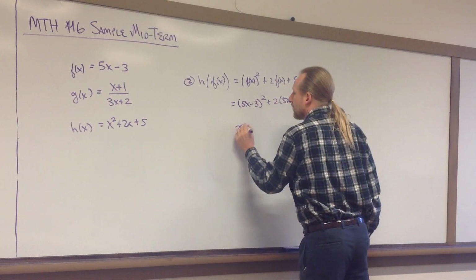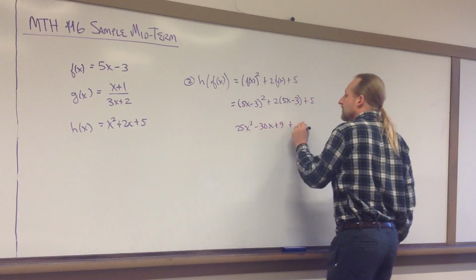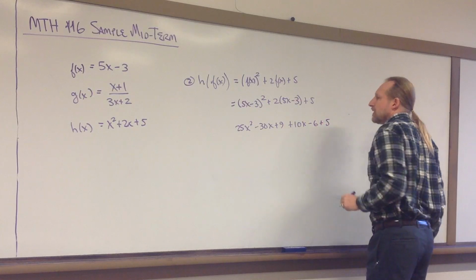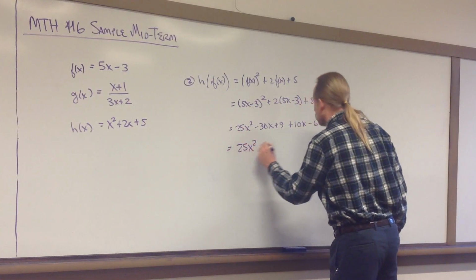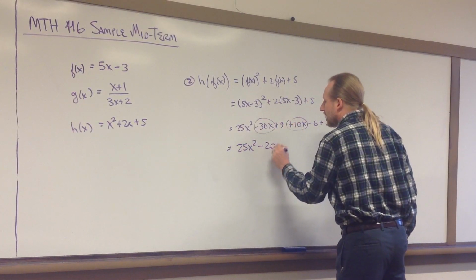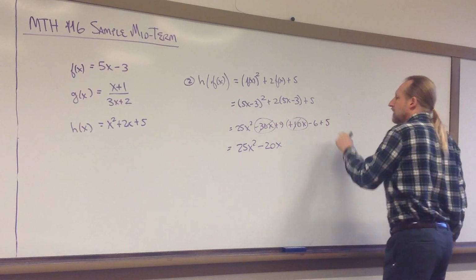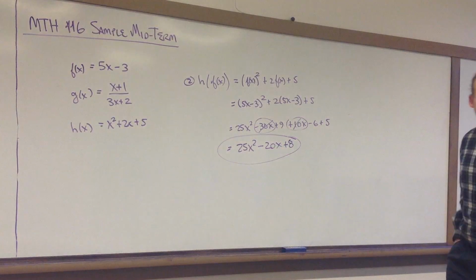So this is going to be 25x squared minus 30x plus 9, and then plus 10x minus 6 plus 5. So what do we get here? 25x squared minus 30x plus 10x, so minus 20x, and then 9 minus 6 is 3, plus 5 is 8. And there we go.